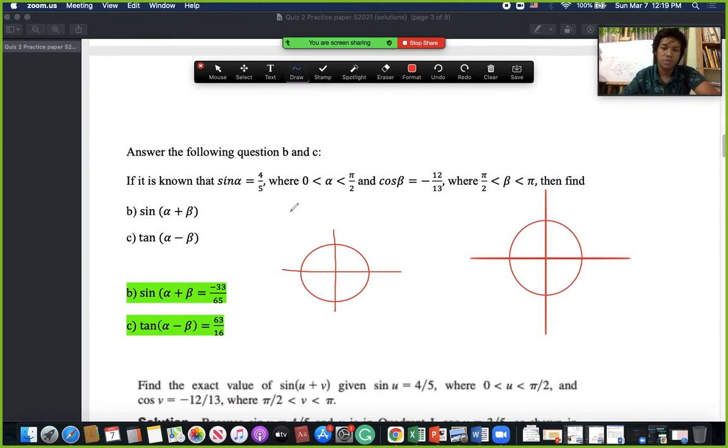So first of all, for the first figure, this is between 0 and pi by 2, which means that the triangle has to be somewhat here. So this is the triangle, and this is our alpha.